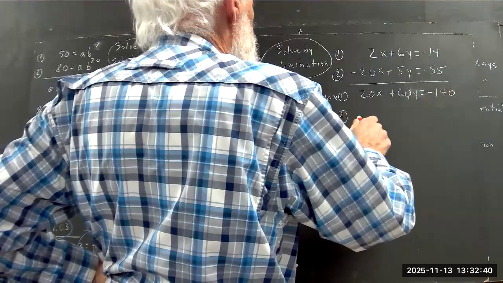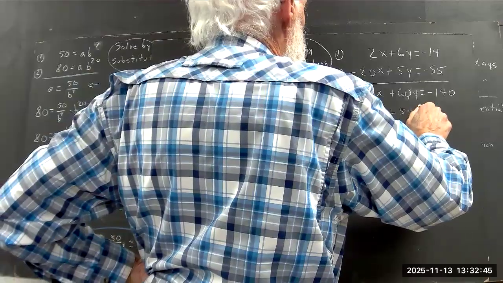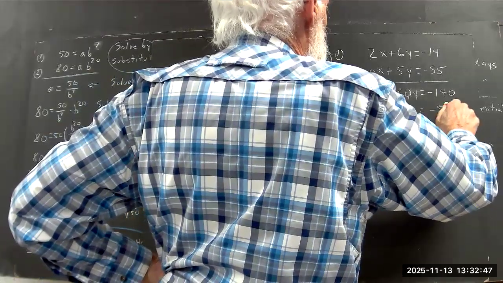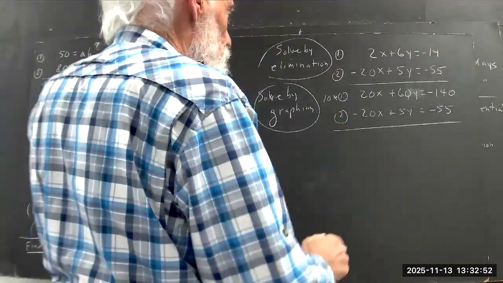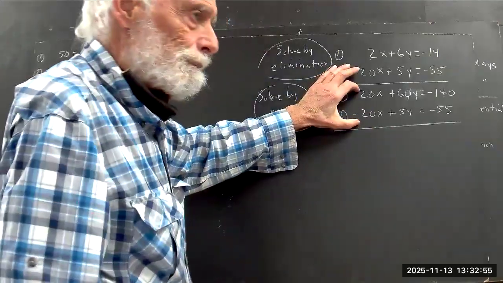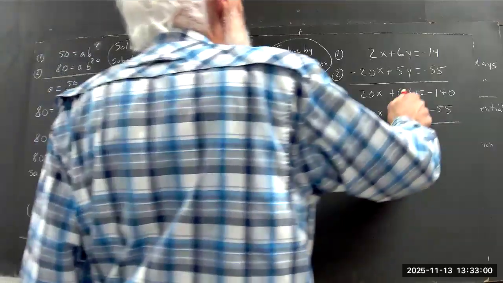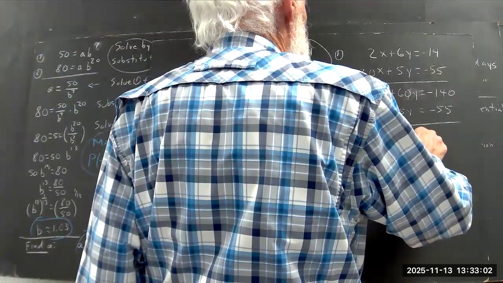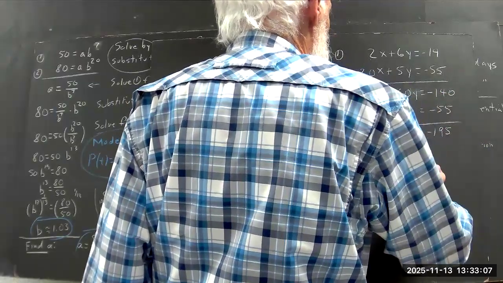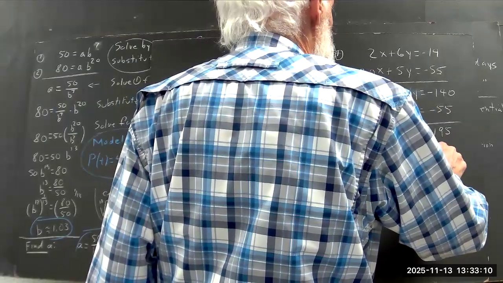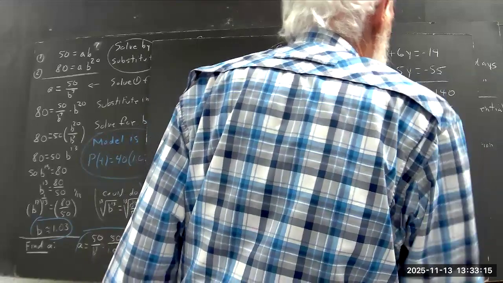Write down equation 2, we get negative 20x plus 5y equals negative 55. Add the left sides and the right sides. The x's go away. 20x minus 20x, no x's left. 60y and 5y, 65y. Negative 140, negative 55, negative 195. We solve, we get y equals negative 195 over 65 equals negative 3.